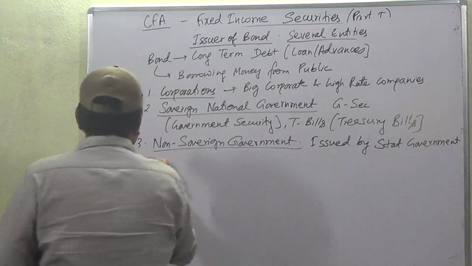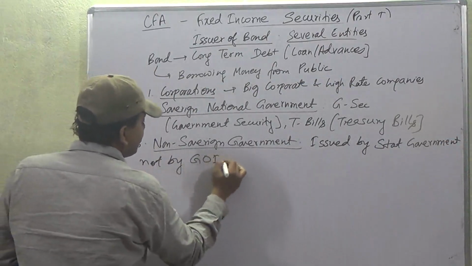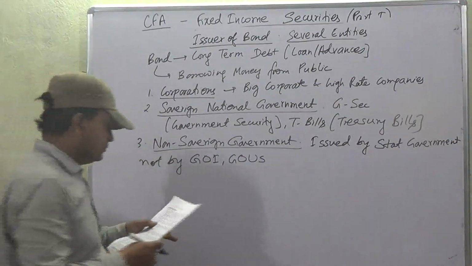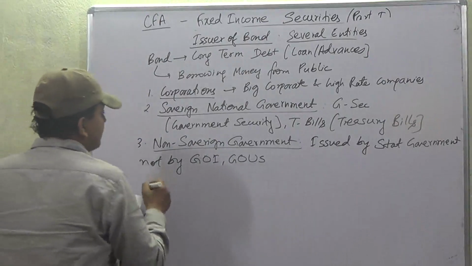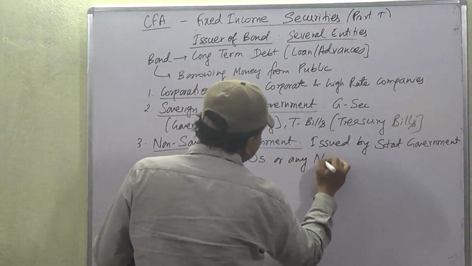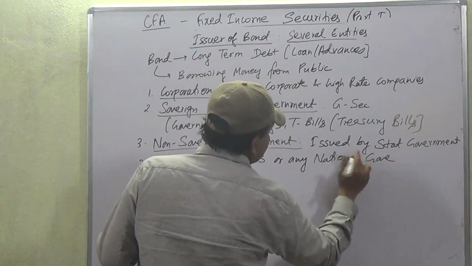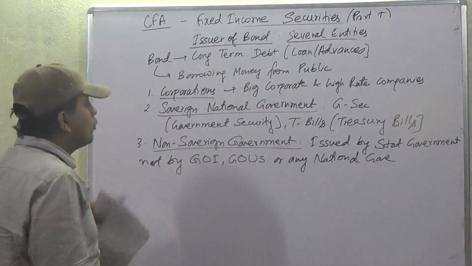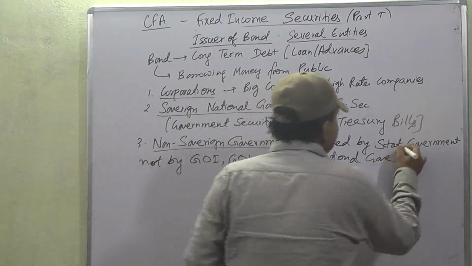Not by the government of India or the government of US. If the national government is issuing, it is known as sovereign. Sovereign is national; this is non-sovereign. So basically it is issued by the state government only.